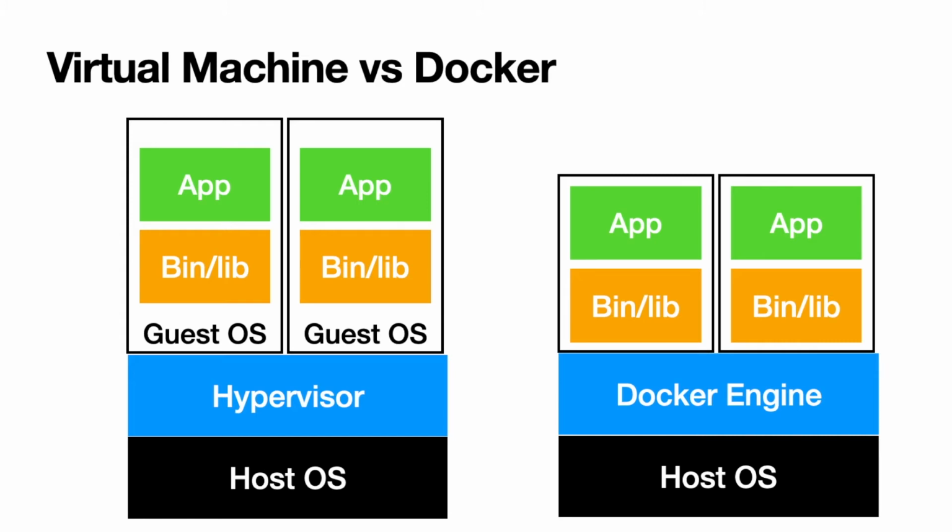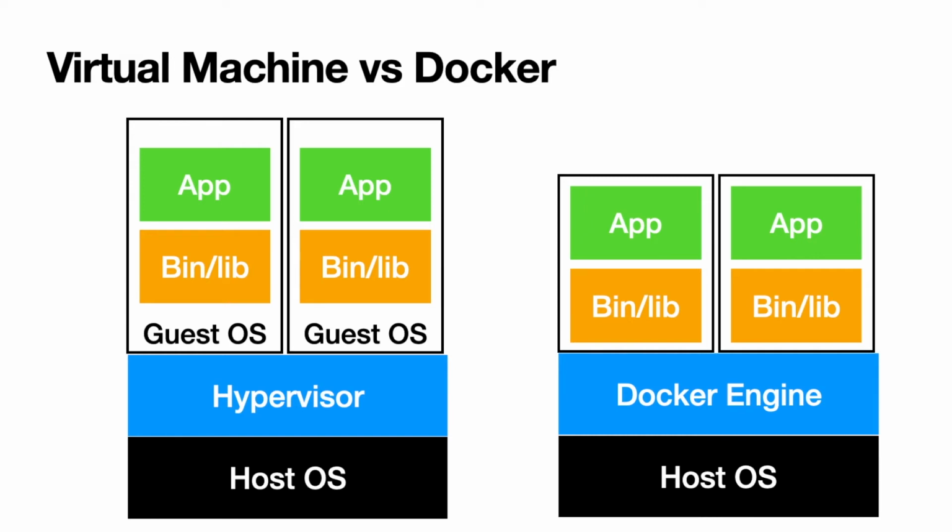While on the other hand, Docker gives us the minimal setup required. First of all, we have the host OS, and then we have a Docker engine in place, and the Docker engine will host the respective minimal required libraries or the bins to support the application and the actual application itself to achieve what we want to as part of the application process.